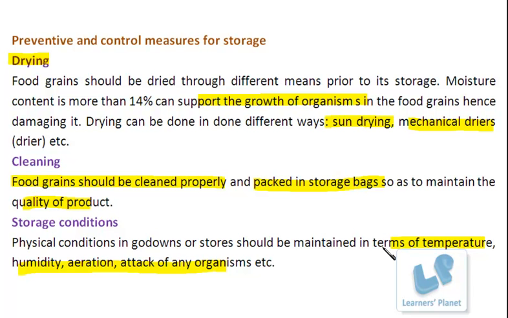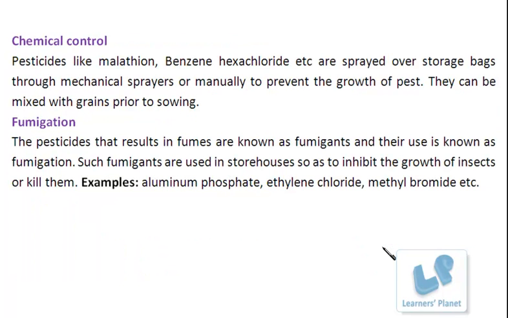Besides these basic ways, the other way for this protection is the use of various types of chemicals. Let us see how it is done. The chemical control includes the use of pesticides like malathion or benzene hexachloride and so on.